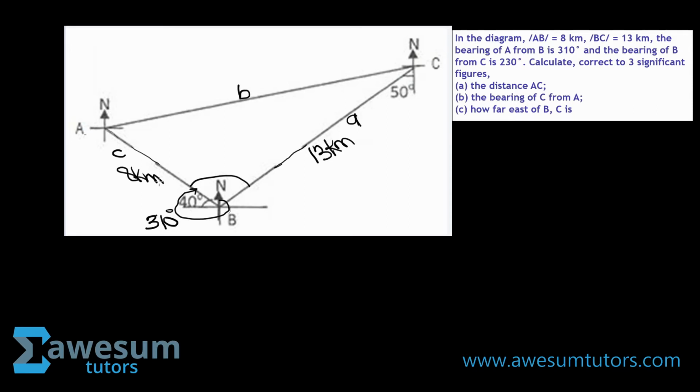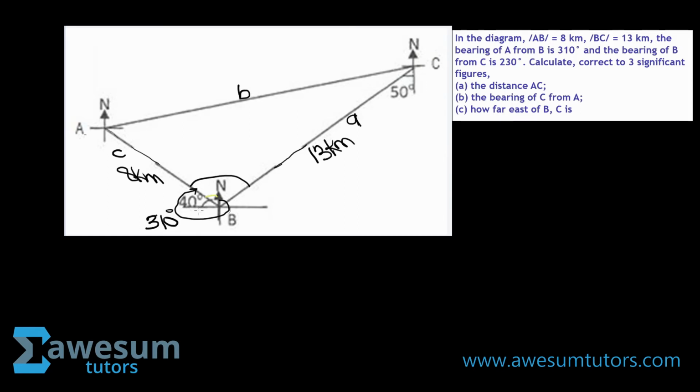Take note, A and B is what we are talking about right there. From B you go to the north pole, and then you draw the angle in a clockwise direction to the line that joins the two points, A and B. So all these angles right here are 310 degrees. If from here to this place is 310 degrees, what is this small portion?